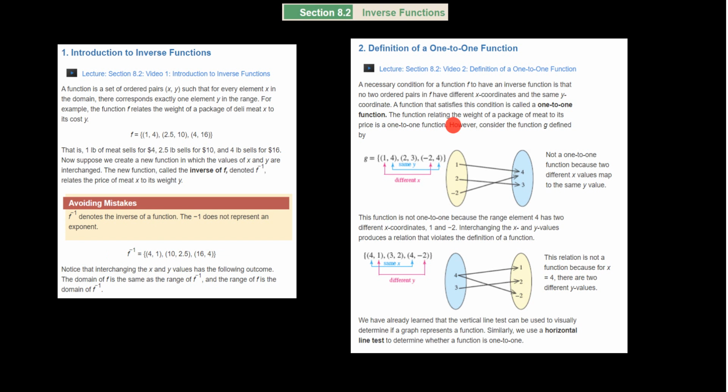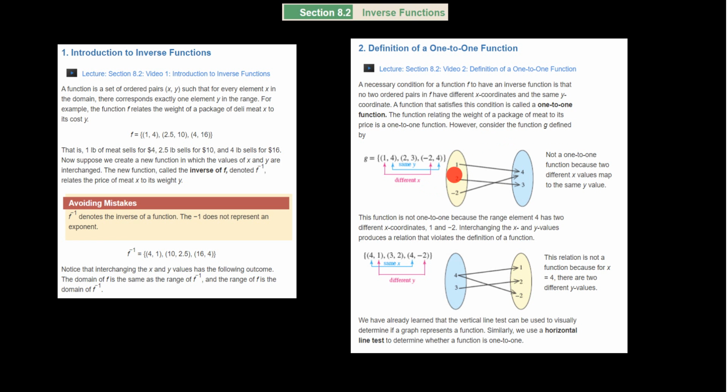So the definition of a one-to-one function, well, honestly, let's just think about the idea of something that is one-to-one, right? For every one, there is another one. So let's look at these two examples, and these are pretty easy examples here. If we have some elements here in the yellow and some elements here in the blue, we can call them elements in the x, elements in the y.